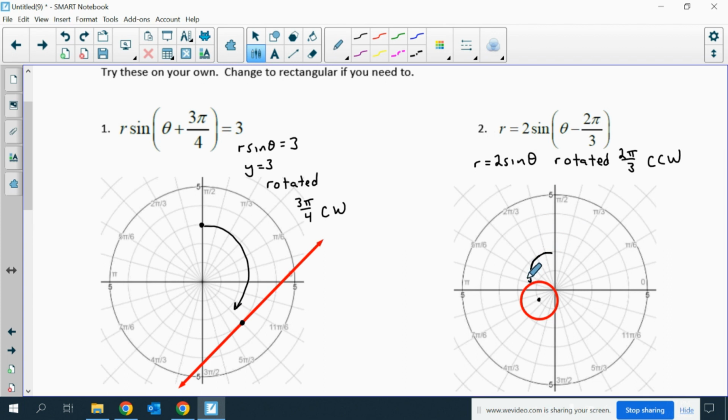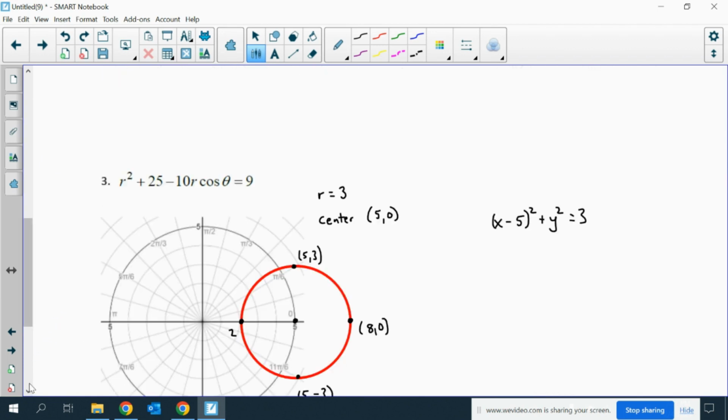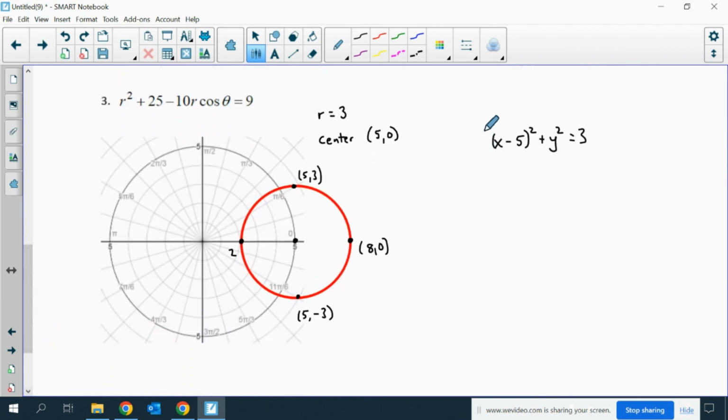So that's rotated in this direction. And this one is just x minus 5 squared plus y squared equals 3. There was no rotation on this one, but the center is at 5, 0, and r is 3, so the radius is 3.